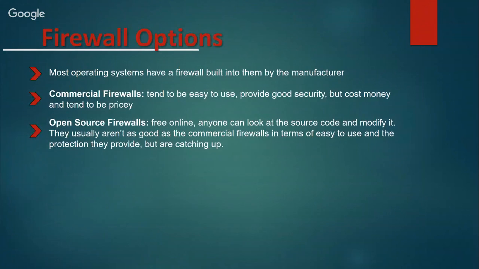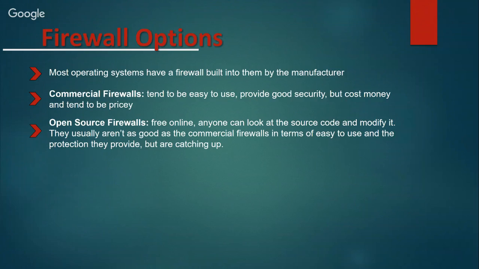As far as options go, most operating systems actually have a firewall built into them by the manufacturer. For example, Windows, Macintosh, even some forms of Linux come with a built-in firewall.